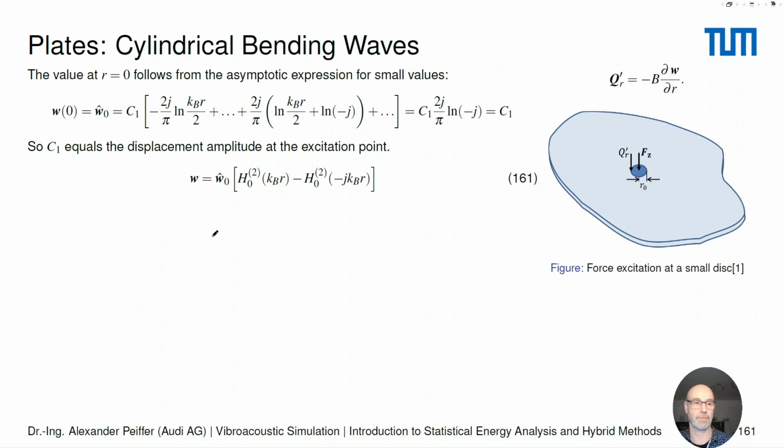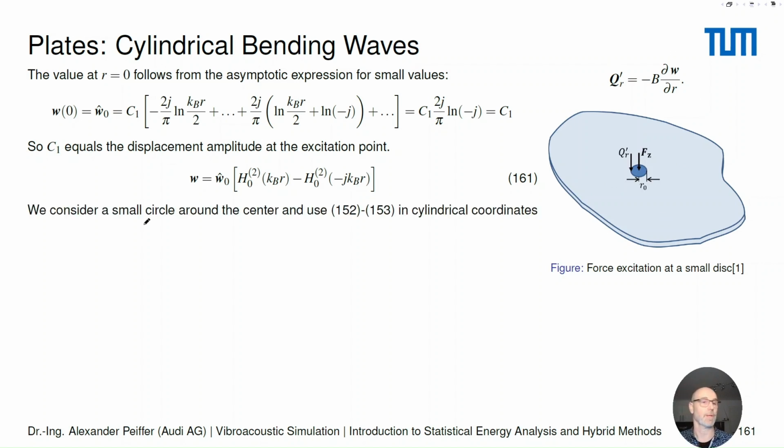Because now we have everything on board, because we know the displacement, we know the relationship for Q, and this helps to derive the relationship to the forces and to calculate the displacement at this point depending on the force.